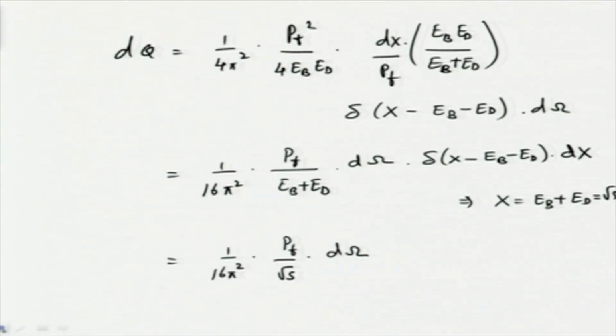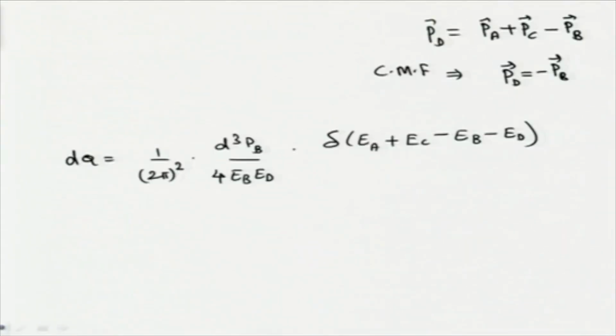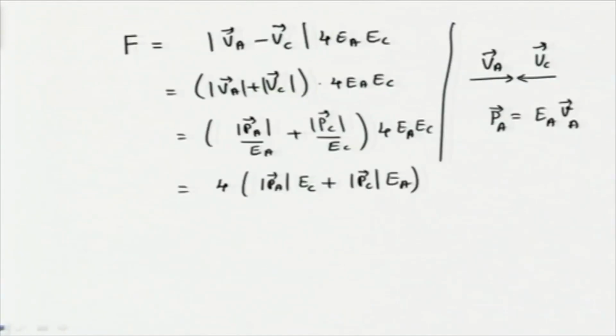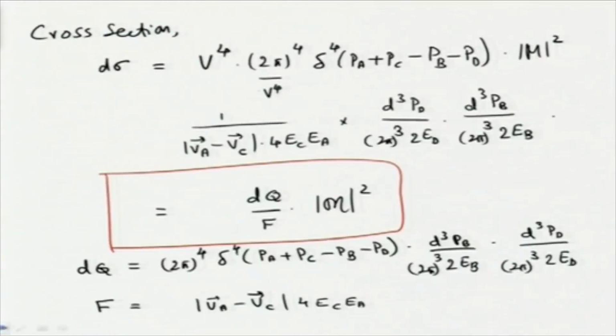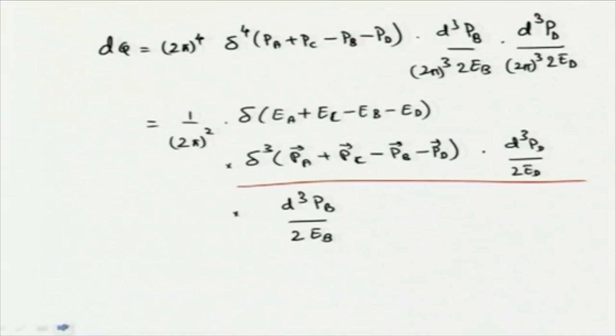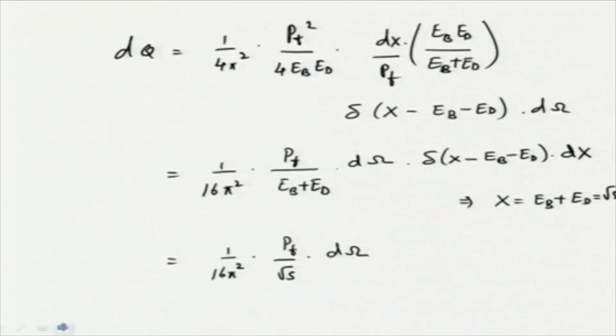And now, let us go back to the expression we had for the cross section. It is dQ over F times the amplitude squared, and F is essentially 4 pi root s. And dQ is 1 over 16 pi squared p_f over root s d omega.